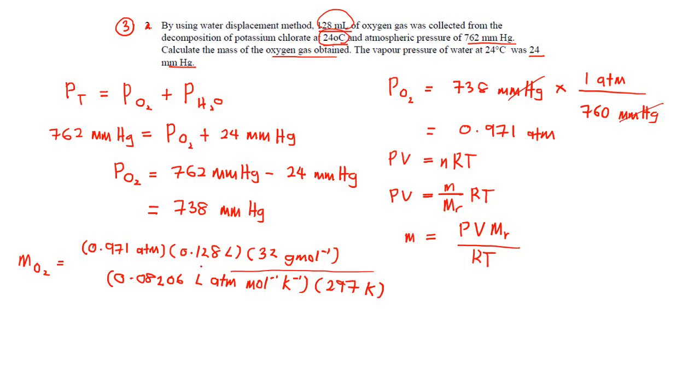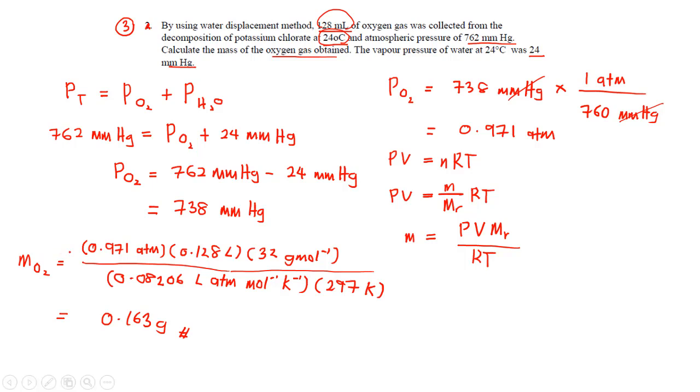So solving this will give you 0.163 gram. So this is the mass of oxygen gas that you should get.